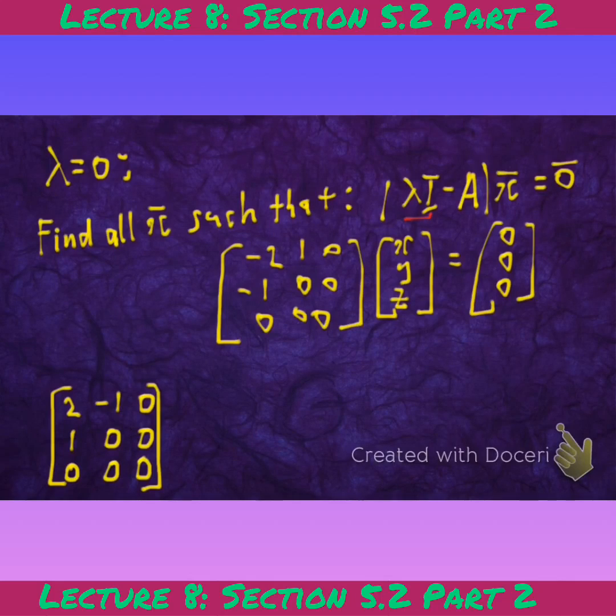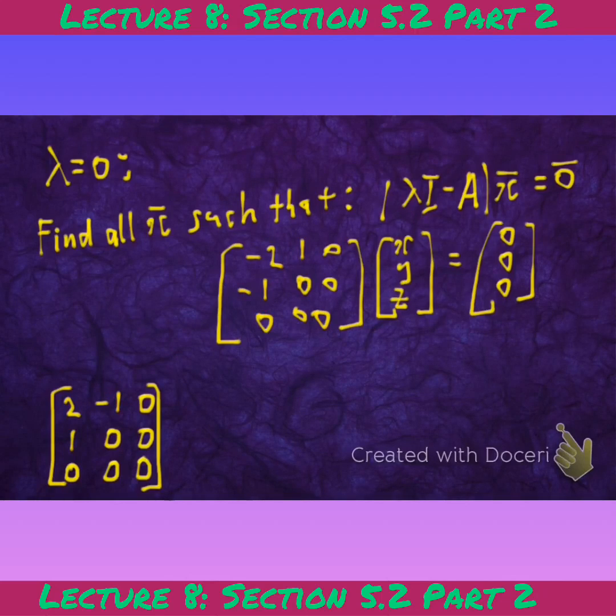Right, so lambda is equal to 0 there. So 0 minus A, so that's going to become a 0 term there. Those are all going to stay 0. That's going to be a minus 1, and that is going to be a plus 1.